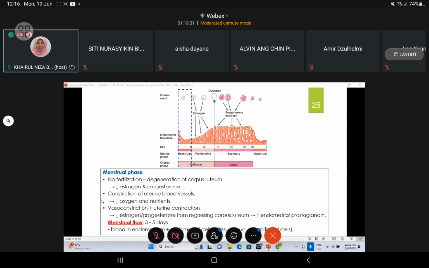When the uterine blood vessels start to constrict, that means oxygen and nutrients will be blocked from reaching the endometrium.